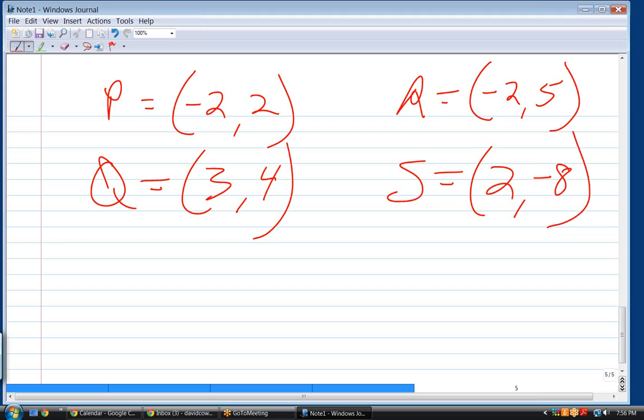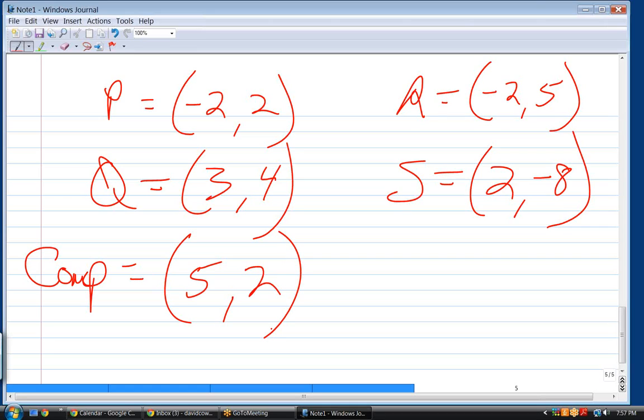What's the component form of this vector? The easy way to do this is to make P be 0, 0. What would I have to do to Q? Add 2 to y. There's the component form.